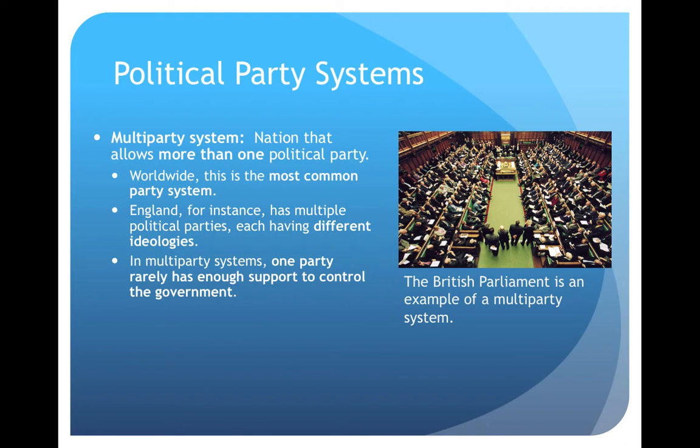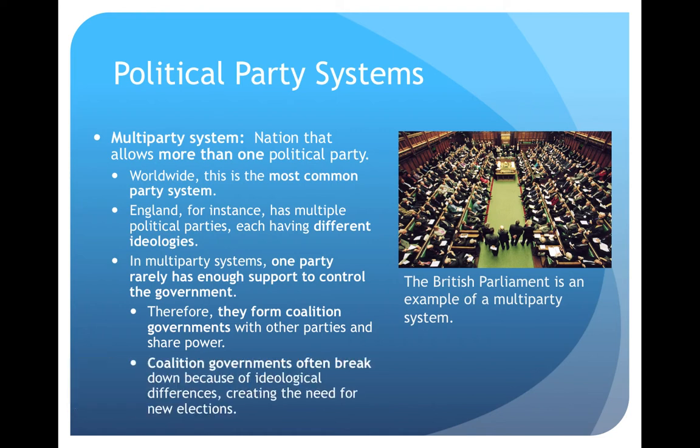In multi-party systems, one party rarely has enough support to control the government. Therefore, they form coalition governments with other parties and share power. Coalition governments often break down because of ideological differences, creating the need for new elections.